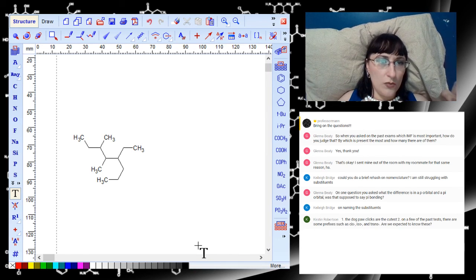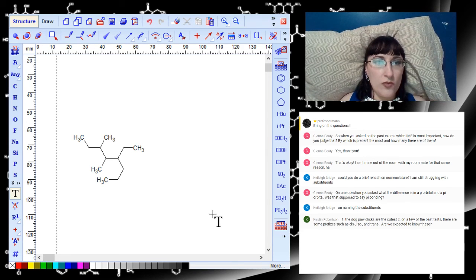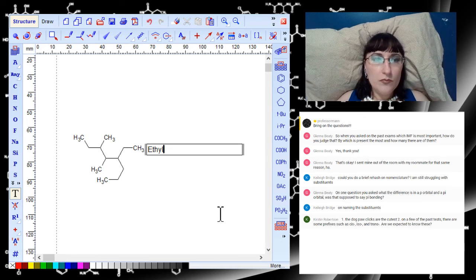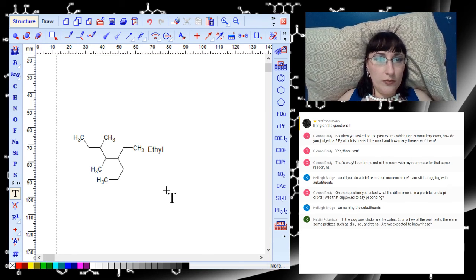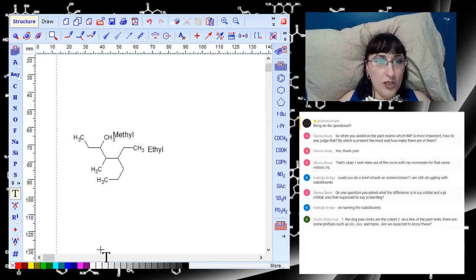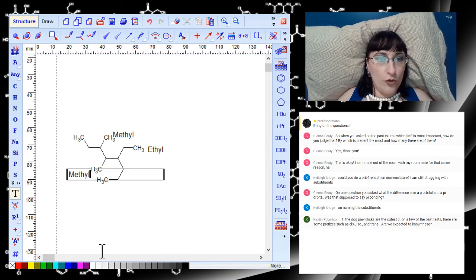So this substituent here would be an ethyl group because it's got 2 carbons in it. Does that make sense? This substituent here is a methyl group. This substituent over here is also a methyl group.